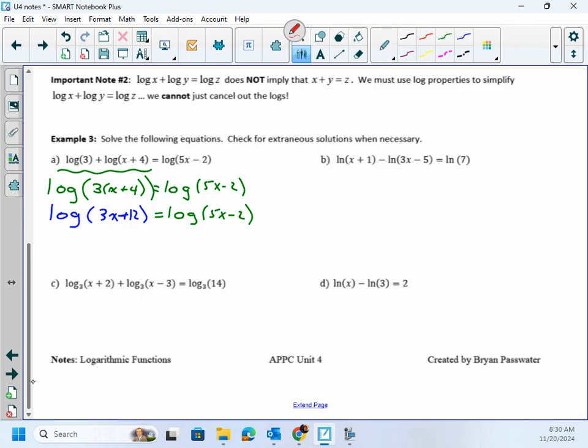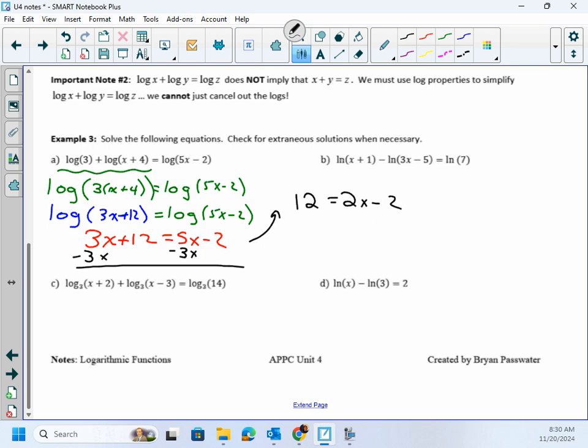I'm going to drop the logs. So 3x plus 12 equals 5x minus 2. Now it's just simple solving. I'm going to subtract 3x. 12 equals 2x minus 2. 14 equals 2x. X equals 7.